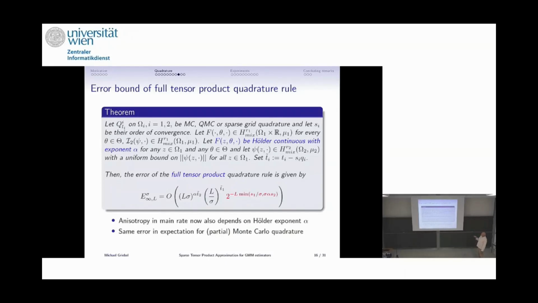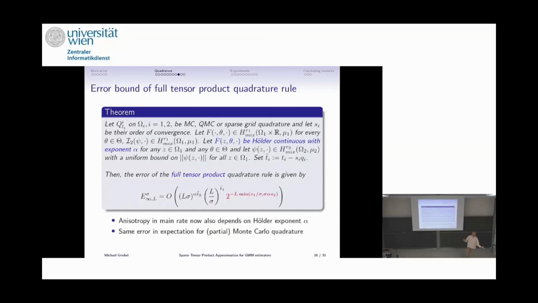First of all, if f is Hölder with an exponent alpha, then we get as main rate of the error for the full tensor product quadrature 2 to minus L. And this minimum is now additionally depending on the alpha. If the capital F would be Lipschitz, the alpha is 1.